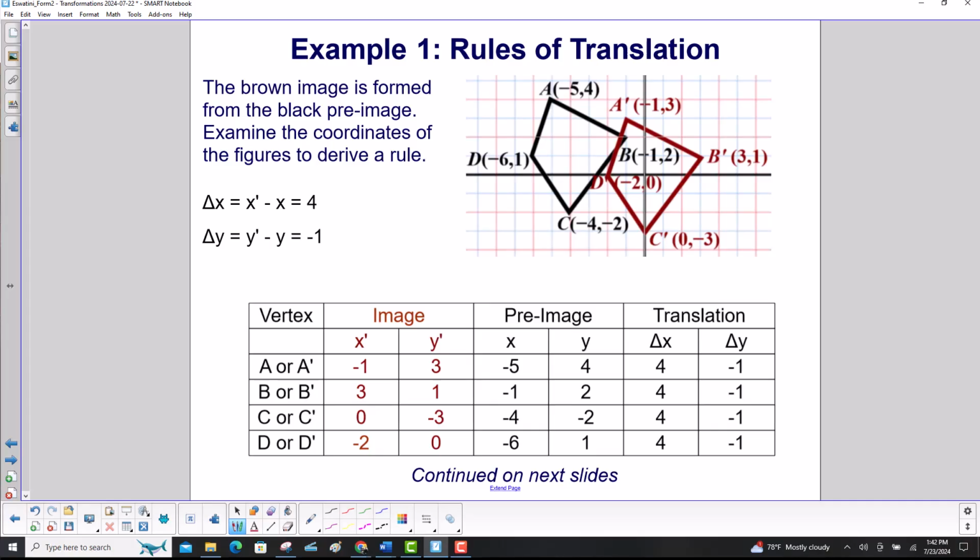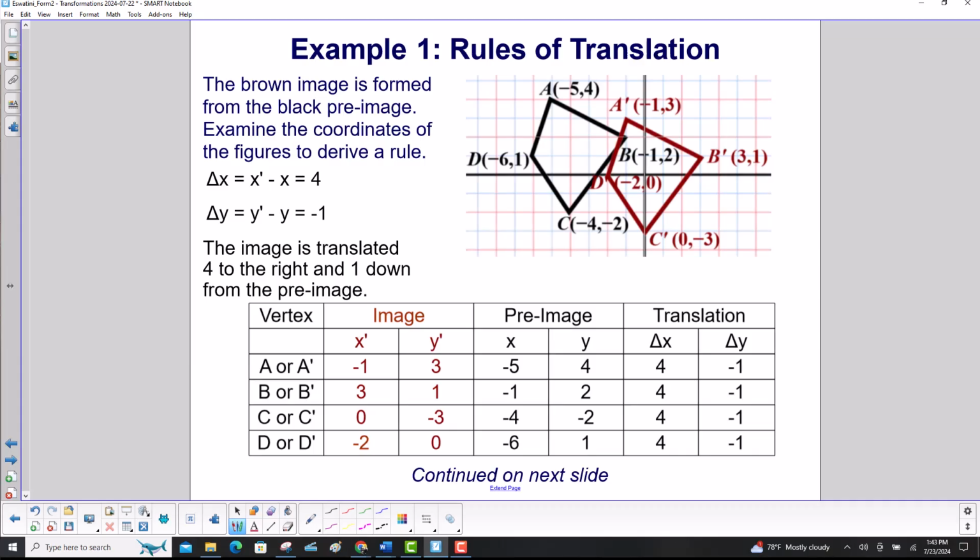Now we want to find our rule. Delta x, that was x prime minus x, came out to be 4. Delta y is y prime minus y, and that's negative 1.